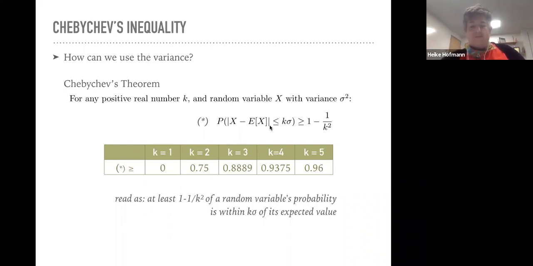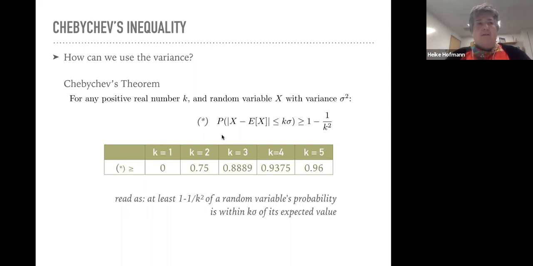So how much is that? Let's have a look at different values of k. So staying within 2 sigmas of the expected value has a probability of at least 75%.